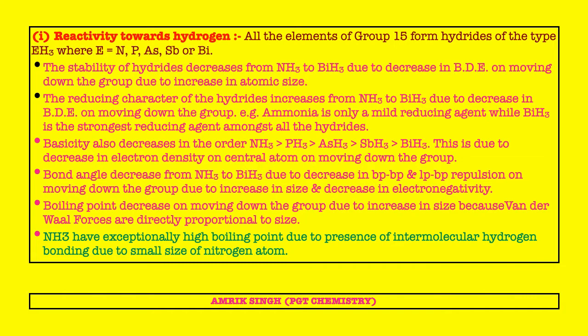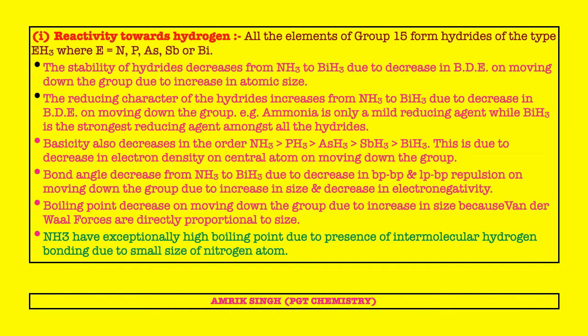Or in other words, nitrogen has maximum affinity for proton due to its high electron density. Next point is bond angle decreases from NH3 to BiH3 due to decrease in bond pair-lone pair repulsion on moving down the group due to increase in size and decrease in electronegativity.